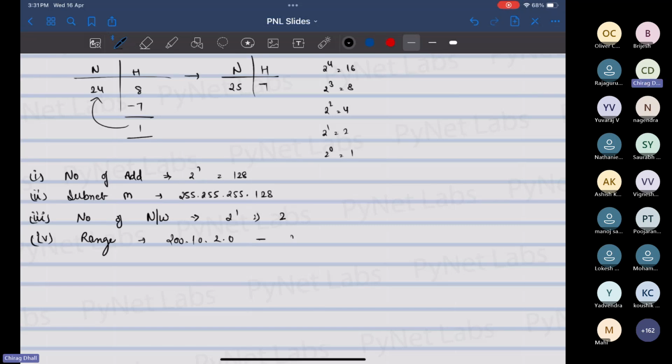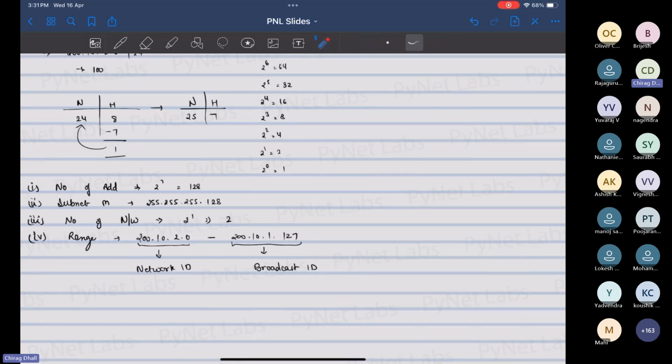So the last IP will be 210.2.127, right? Out of which I cannot use the first IP as it is my network ID. And I cannot use the last IP also as it is my broadcast ID. So the usable number of IPs are 128 minus 2, 126.